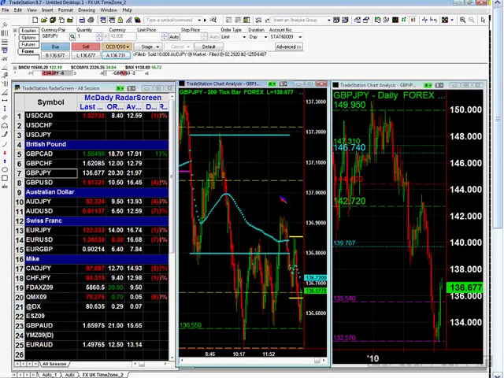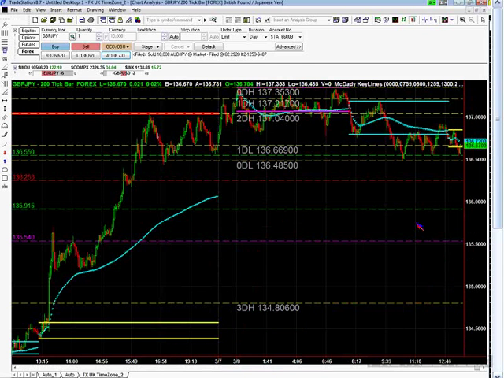How many times have you decided to go short and sell something only to see that the market turn around and start going up? And how many times have you decided based on the intraday chart that you want to go short, only to see the market turn around?